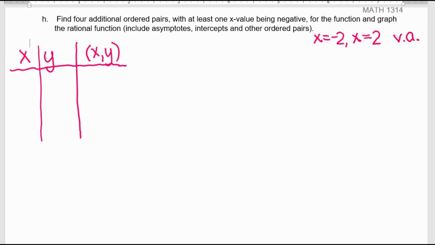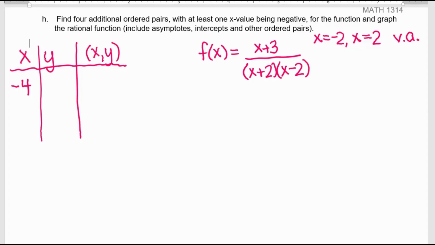We already found that. So instead of doing -3, let's try -4. So remember that our function was x plus 3 all over x plus 2, x minus 2. And we're going to find f of -4. So x equal -4.